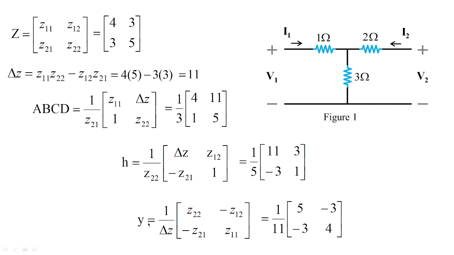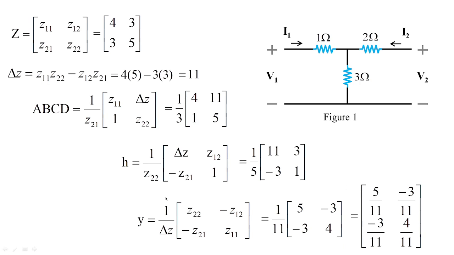So what exactly did I get for the admittance parameters? I got Y11 equal to 5 by 11, Y12 equal to minus 3 by 11, Y21 equal to minus 3 by 11, and Y22 equal to 4 by 11.